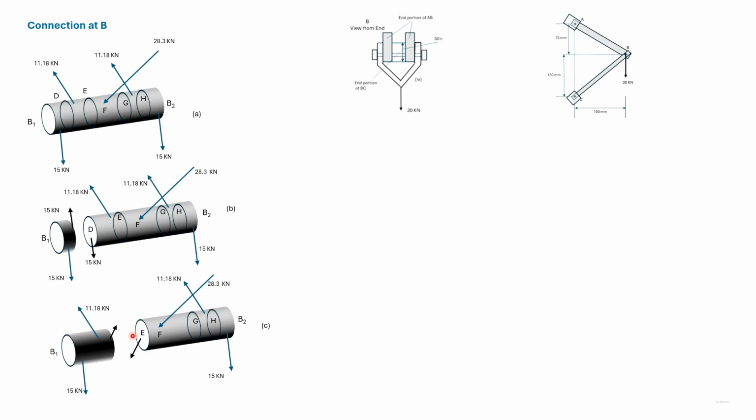Next, we take a section at E. This time, starting from the left, there are two loads. This will be 15 kilonewton and this load of 11.18 kilonewton. So we have to find out the action-reaction forces that act at E.